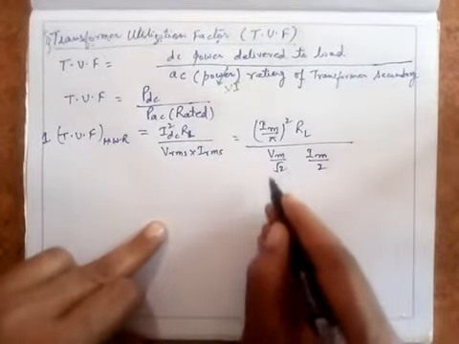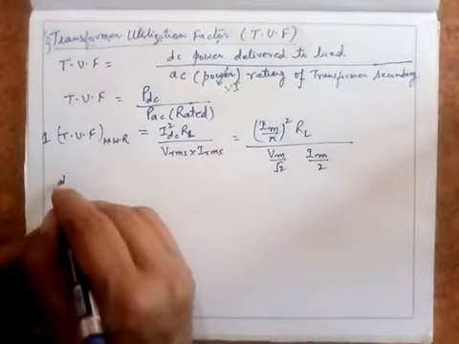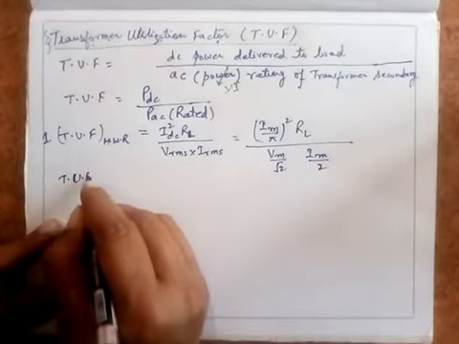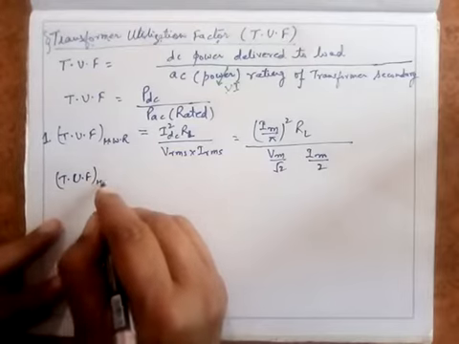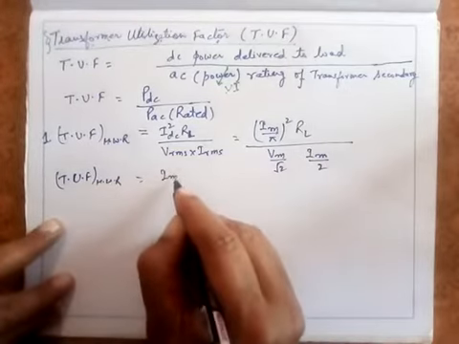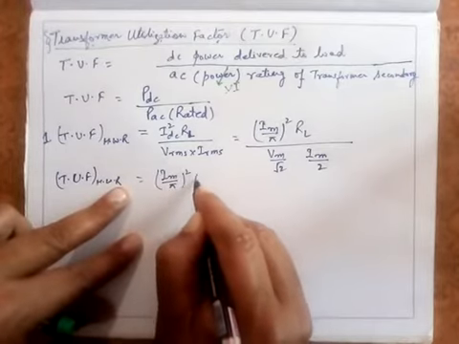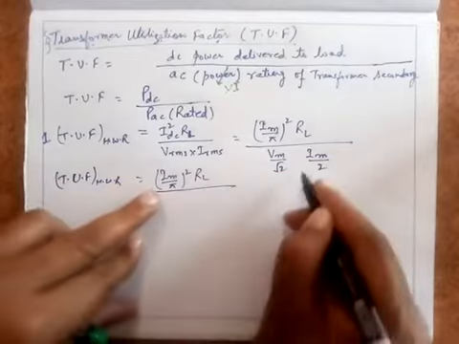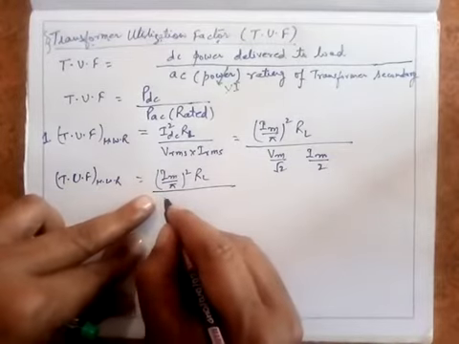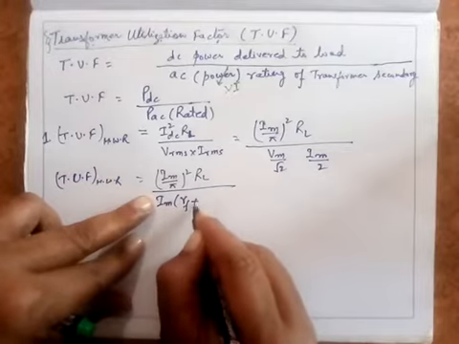Now I substitute Vm is equal to Im into Rf plus RL. That's all. So TUF of a half wave rectifier will be Im upon pi whole square into RL, and this Vm I substitute as Im into Rf plus RL.